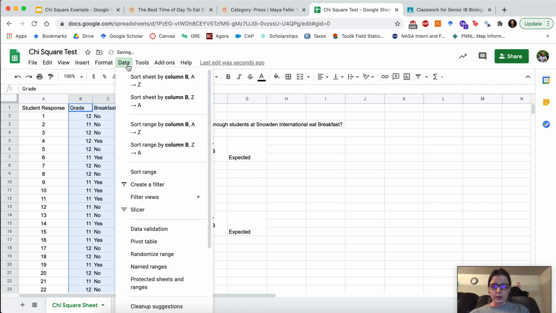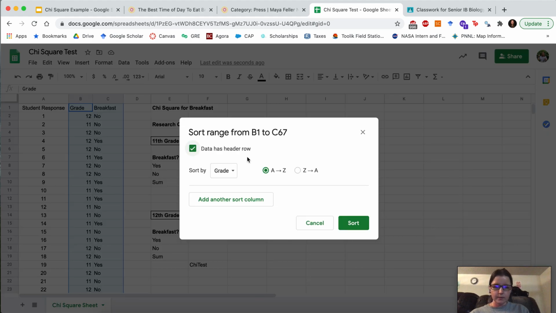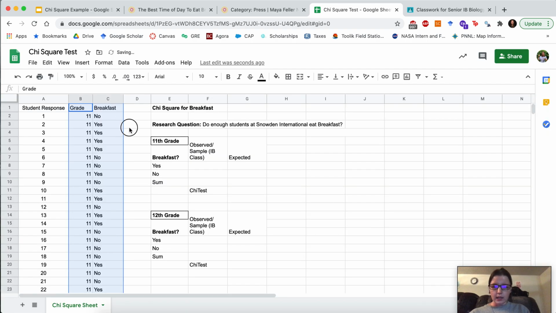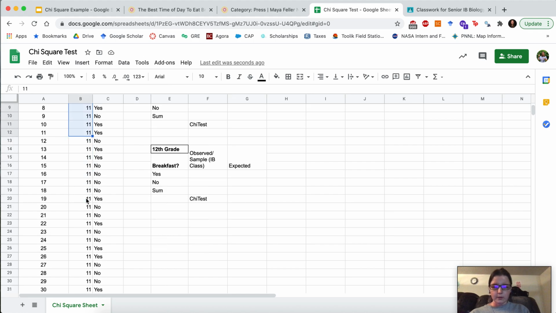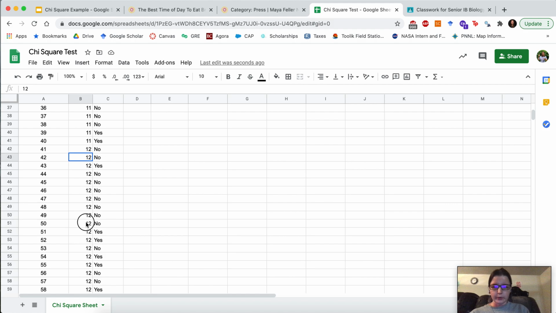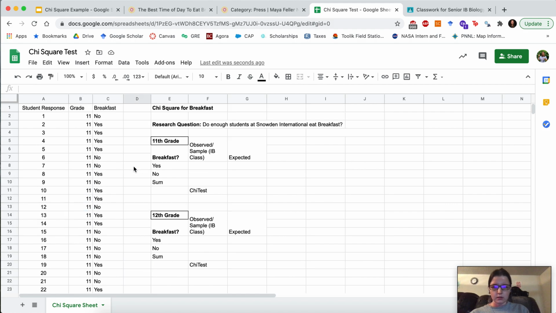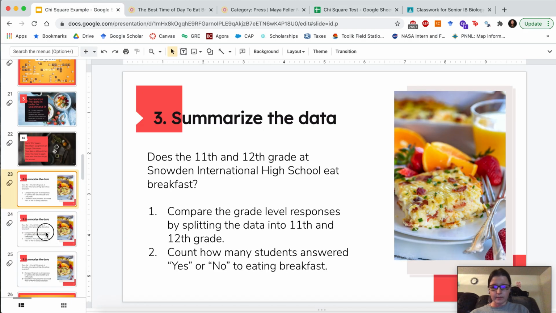So we want to make sure data, sort range, we check this box, and then we do sort by grade. And now all of the responses have been sorted with 11th grade first and then 12th grade next. So we've split the data into 11th and 12th grade.